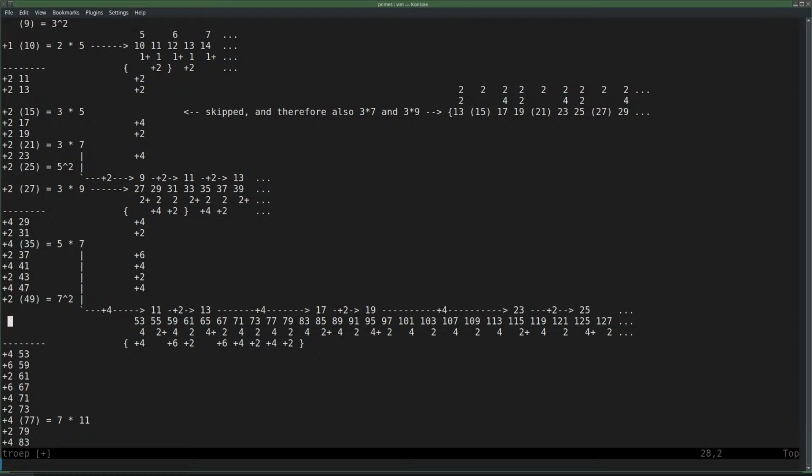Yeah, this is just a map to see what's going on, but no, it's still +4.